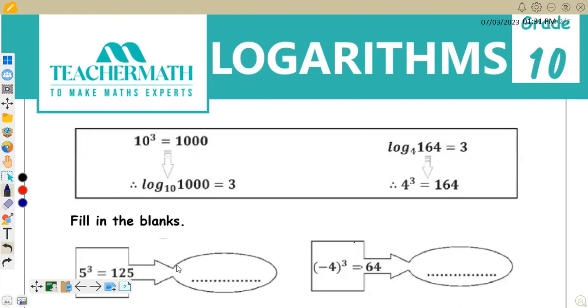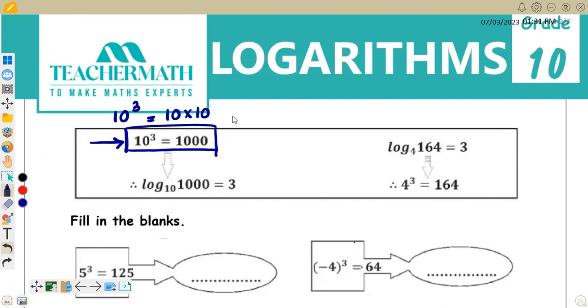Okay, first of all, look at here. You have been given a particular index form expression. What is this one actually? 10 to the power of 3. You know how to read this. 10 to the power of 3 means it is a power term.